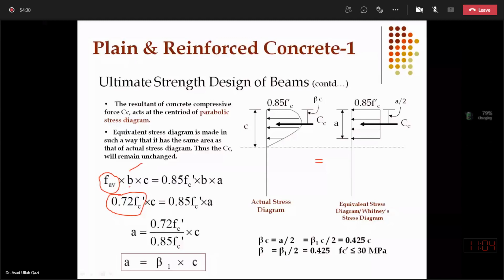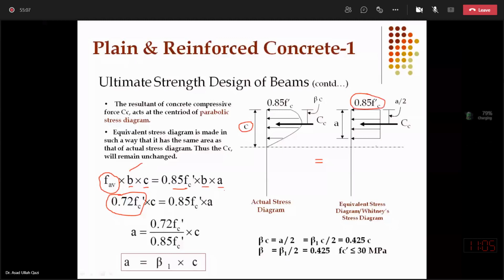It is present on a depth C, which is depth of neutral axis, and on a cross section of width B. Now on the right hand side is Whitney's proposed 85% of the FC prime, and this stress is uniformly present on a cross section of width B and on a depth A.